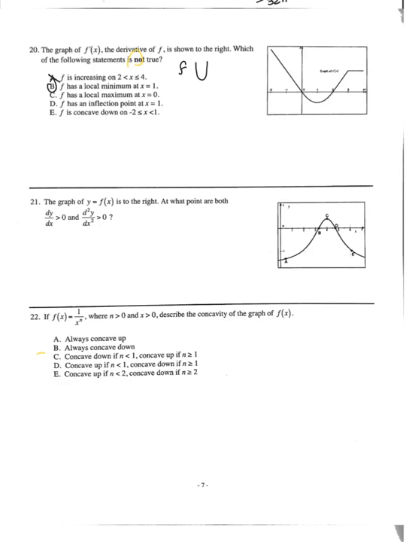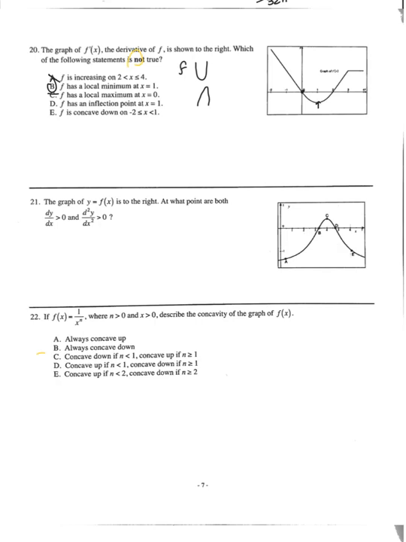All right? So I'll just go through the others with you anyway. So if we go to 0, we have a local max because look at what's happening. The derivative is going from positive to negative. The derivative of f. So that would be wrong because it's right. Okay, an inflection point at 1. So an inflection point is where the slope of the slope changes sign.